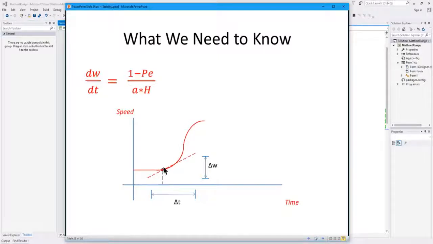So if you look at this, you might say, hey, wait a minute. I do have a straight line that is the same slope as the real curve at this point. And I notice here that if I go out a little bit, it kind of hugs the real curve. This straight line kind of matches the real curve out to a certain point, and then it diverges quite a bit. So you might say, well, I can use this straight line of this slope and go out just a little bit, and I will have at least a fairly good estimate of what the real curve is at this point.